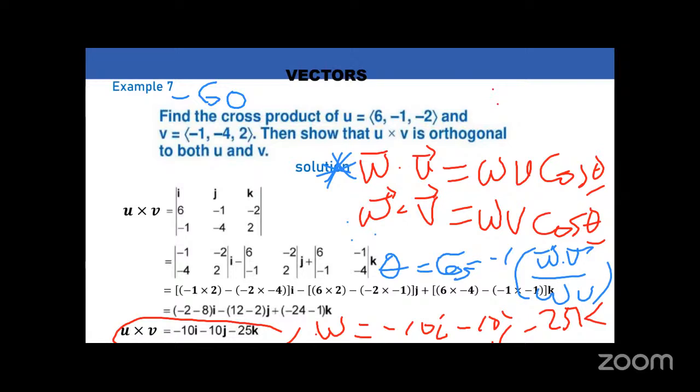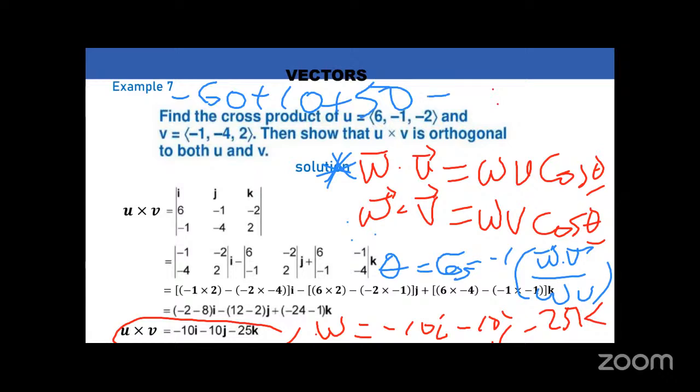Then for J, we have minus 10J times 1J. That would be minus 10. Then for K, we have minus 25K times minus 2K. That is a plus 50.